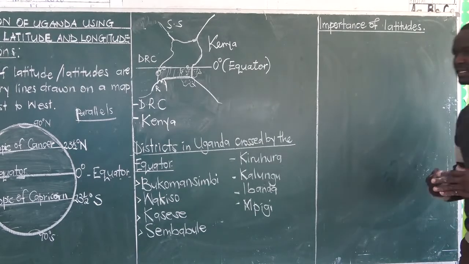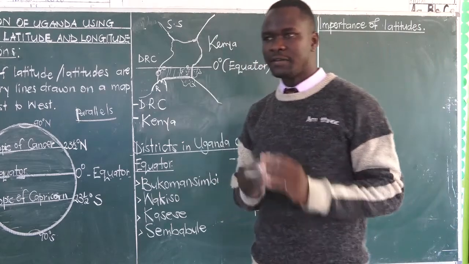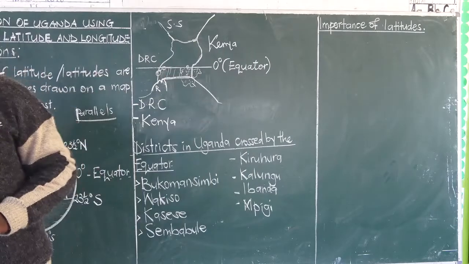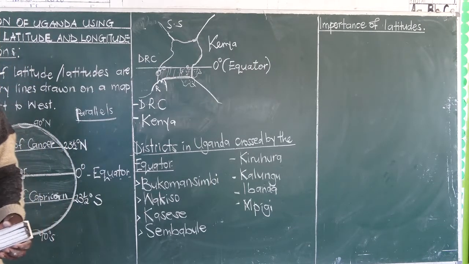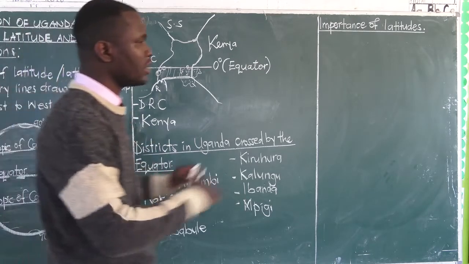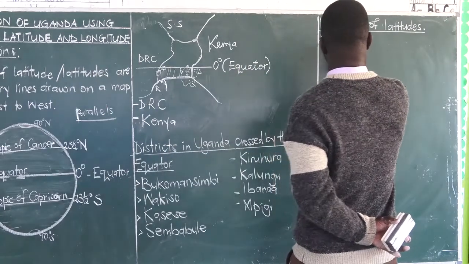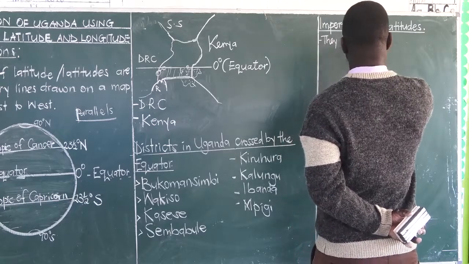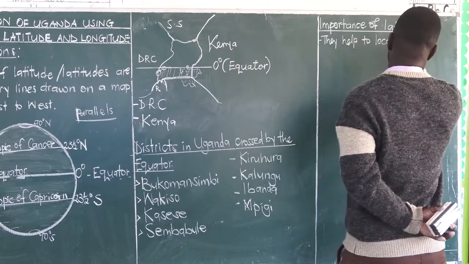These lines of latitude can help us to determine how far a place is, either north or south of the equator. But in general, our first answer is that these lines are used to locate places.